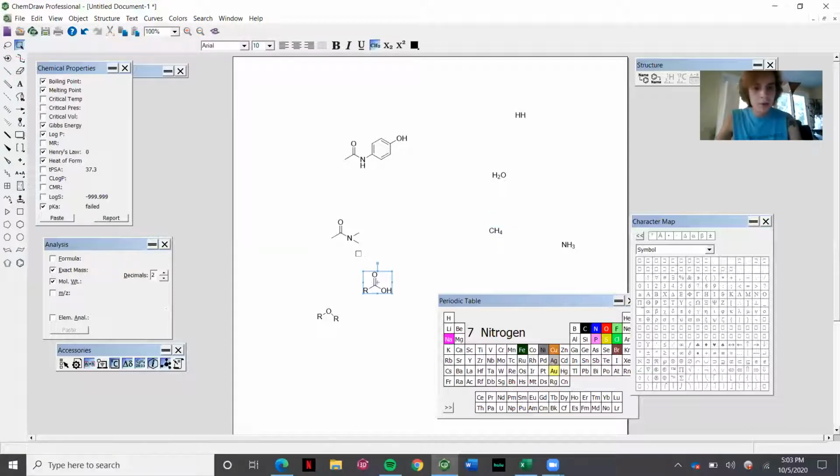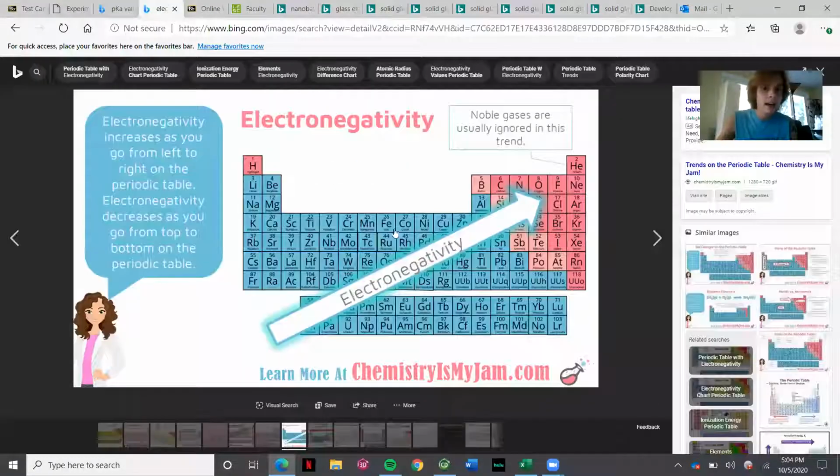In order to do so, I'm going to copy and paste the carboxylic acid and use this to demonstrate what an amide looks like. An amide is literally a carboxylic acid with a nitrogen. So the only way in which they differ is by their electronegativities, and you can infer that based on the electronegativity chart of certain atoms. As we can see, here's oxygen, here's nitrogen. Oxygen is to the right of nitrogen, even though they're in the same row.